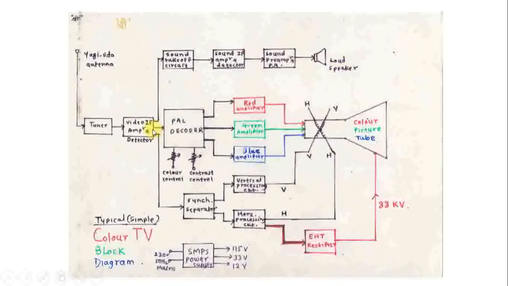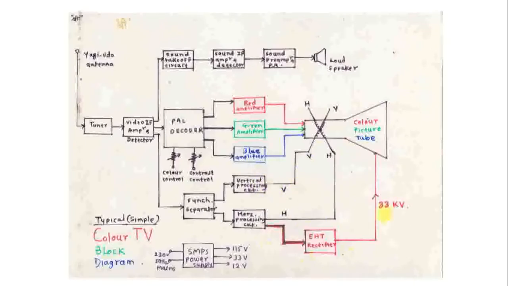Then the second signal goes to the video amplifier and a chroma section. So compared to the black and white television block diagram, a chroma section is added instead of the video amplifier directly. The third output from the common AF amplifier and video detector goes to the sync separator, where H sync and V sync signals are separated, and the output of H oscillator is 15625 Hz and output of vertical oscillator is 50 Hz.